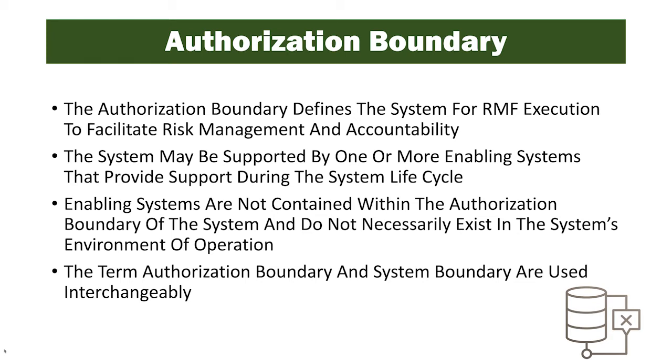Enabling systems are not contained within the authorization boundary of the system and do not necessarily exist in the system's environment of operation. Although they exist outside the boundary, they provide support. The terms authorization boundary and system boundary are often used interchangeably, and we will use them interchangeably throughout this course.